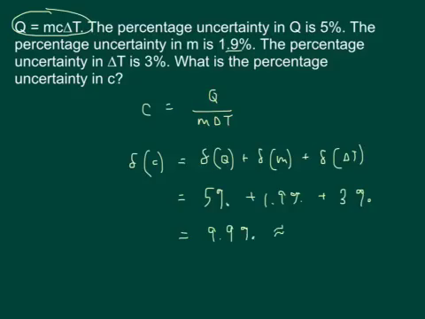And a general rule, a good way to round, is whenever the percentage uncertainty is 2% or higher, just round to the nearest whole number. So that becomes 10%. And that's our answer.